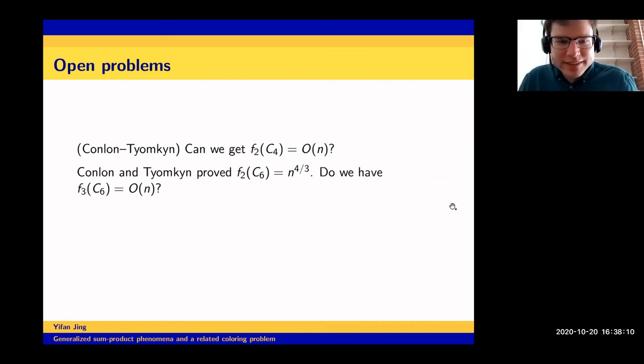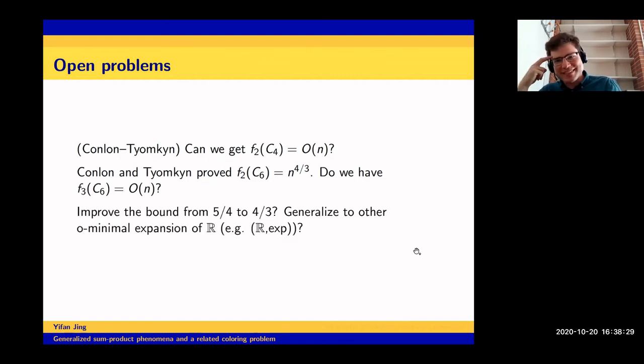Are there any more questions? Do we in principle suspect that F3 of any bipartite graph is linear potentially? Do you know any counterexamples to that? I think there's a counterexample.